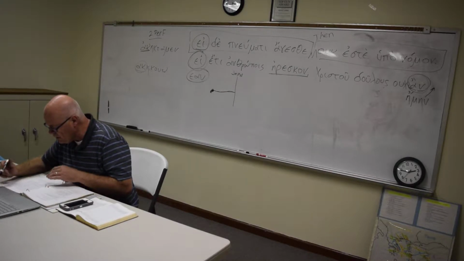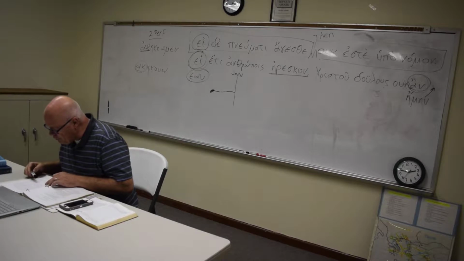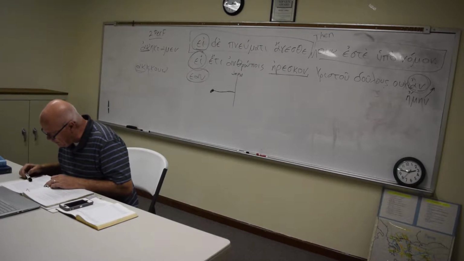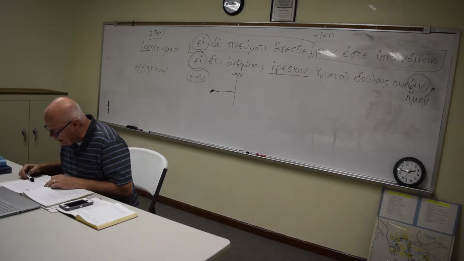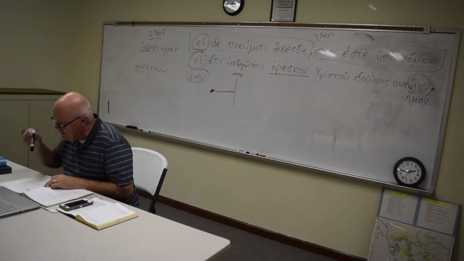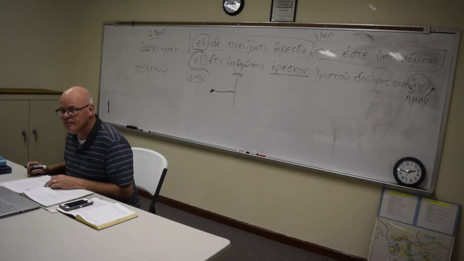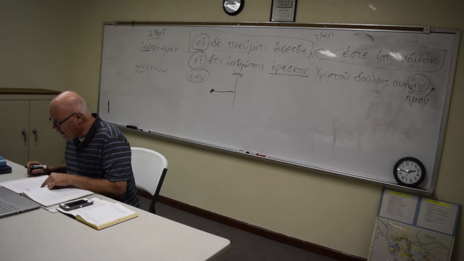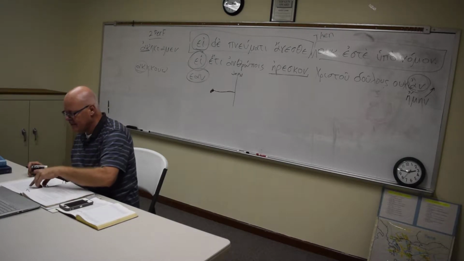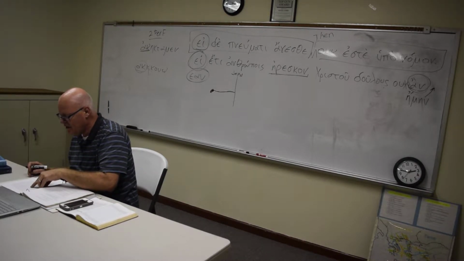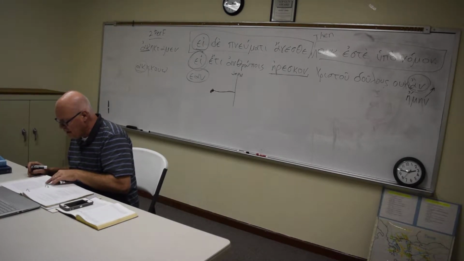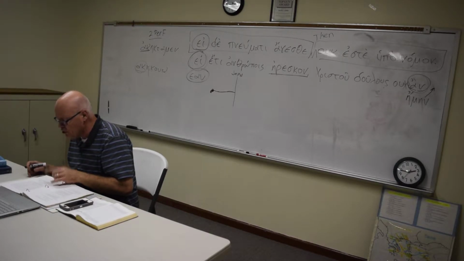So these are the interrogative pronouns. Then you'll notice the indefinite pronoun, which is the next one. It's the exact same thing, except it drops its accent. The interrogative pronoun has the accent: tis, ti, tinos. See that? But the indefinite pronoun just drops the accent.